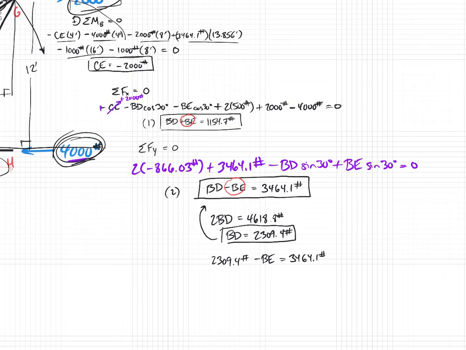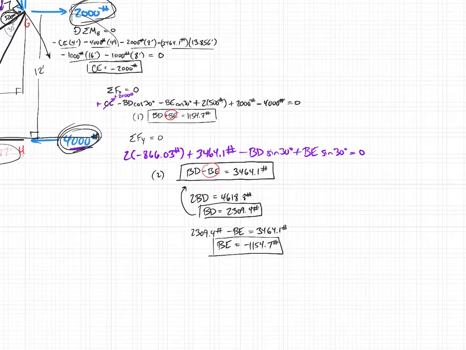So if I subtract that 2300 from both sides and then change the sign, I'll get BE equals negative 1154.7 pounds. Okay. So then, here are my three answers, right here, right here, and right here. So now is the time for rounding. So we'll say BD, BE, and CE.